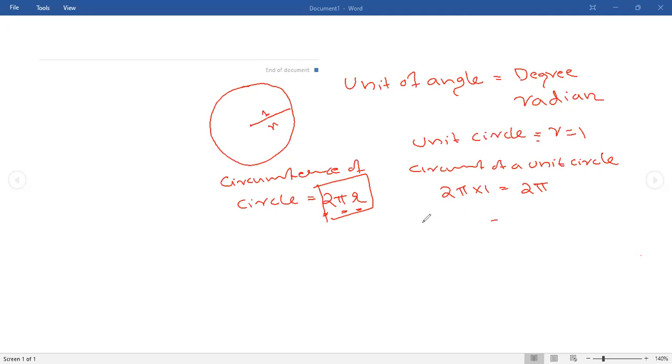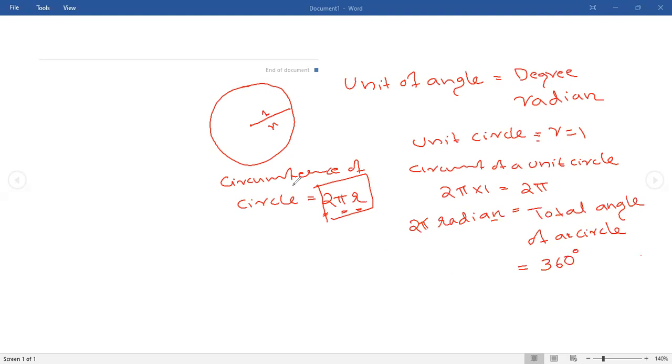So 2 pi radian is the total angle of a circle, which is equal to 360 degree.